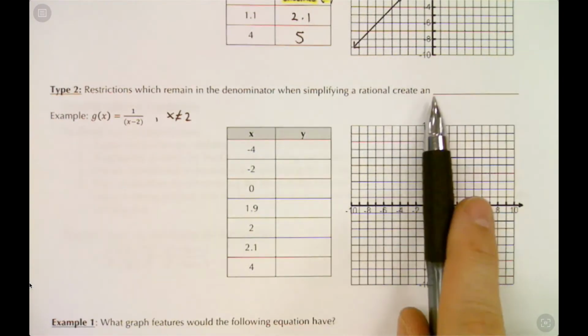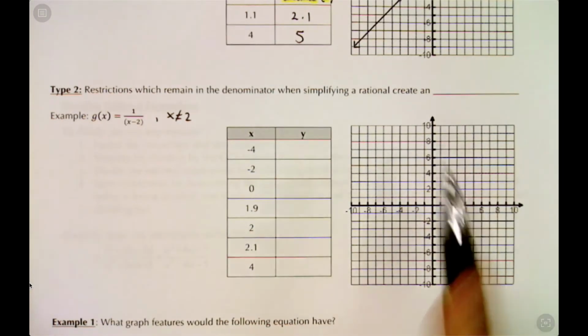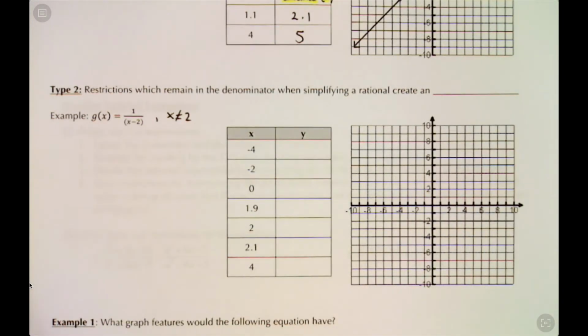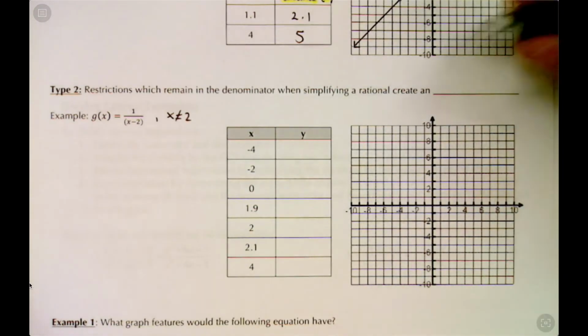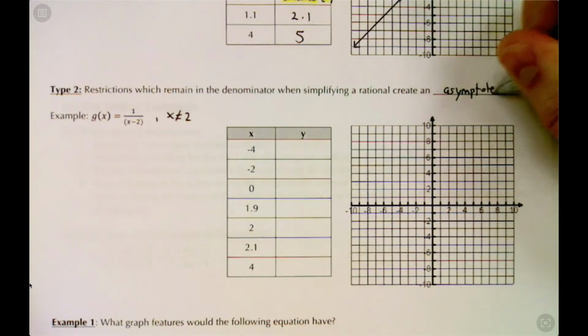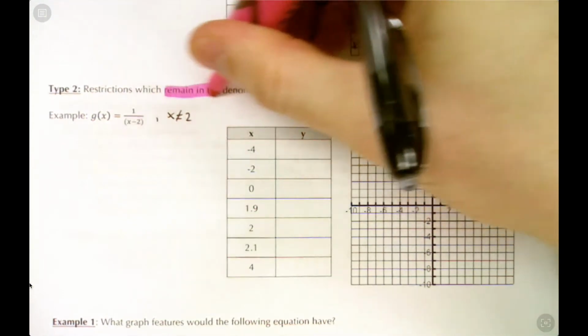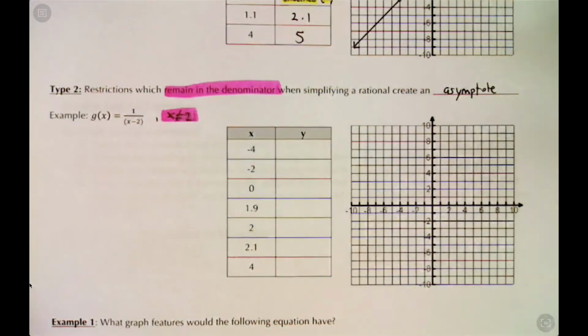Now, that vertical asymptote, 1 over x, so that would be x is 0, that vertical asymptote is what the restriction does when it remains in the denominator. It creates an asymptote. So if you have a restriction that remains in the denominator, in this case 2, we get an asymptote.